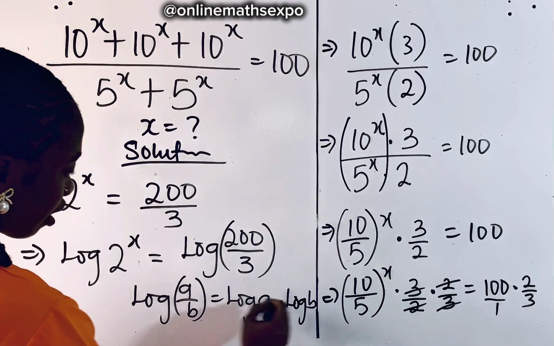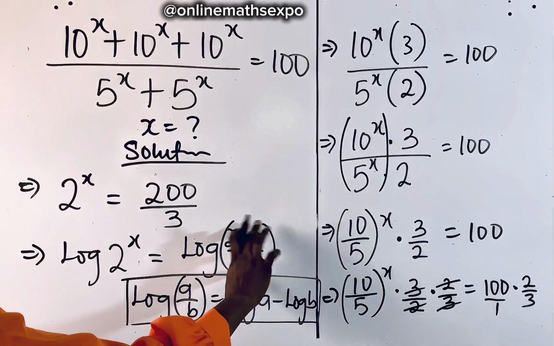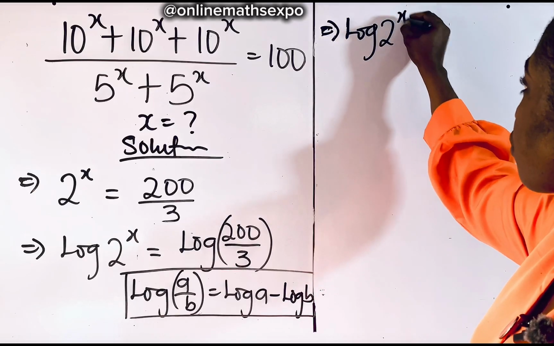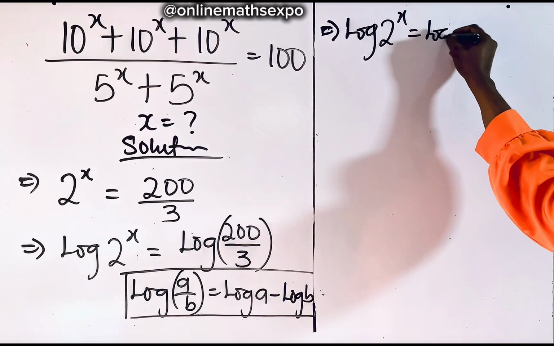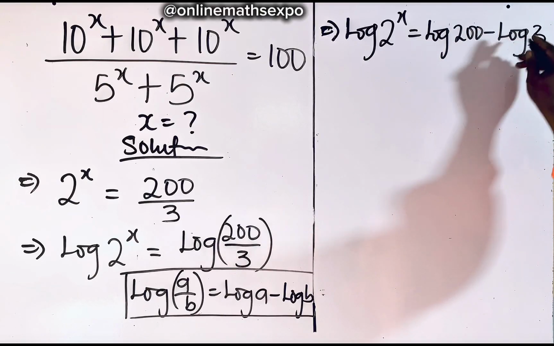So let's apply this logarithm rule on the right side: log of 2 to the power of x is equal to log of 200 minus log of 3.